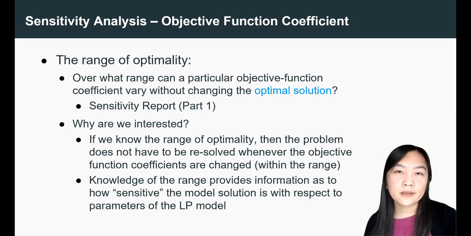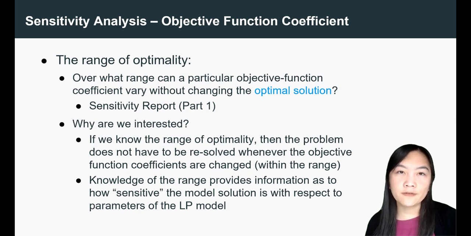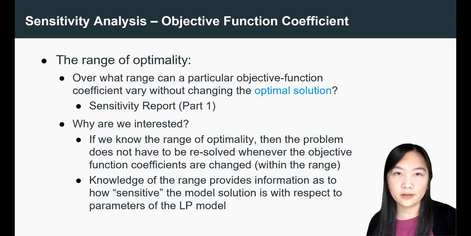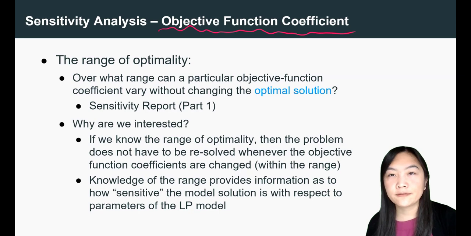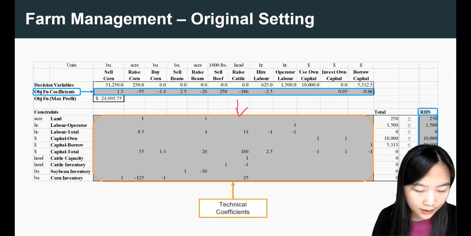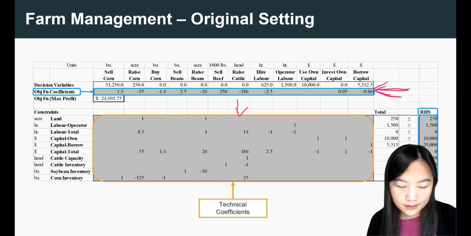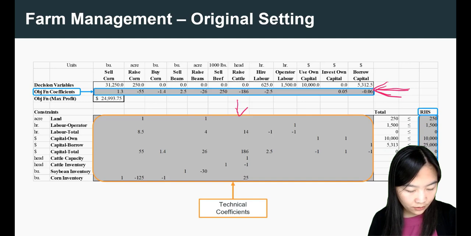As I mentioned, there are three different types of parameters, and we will be looking at objective function coefficient and right-hand side values. We are not looking at the technical coefficients. First is objective function coefficient. Just to be clear, we are looking at this line here, those are the objective function coefficients.